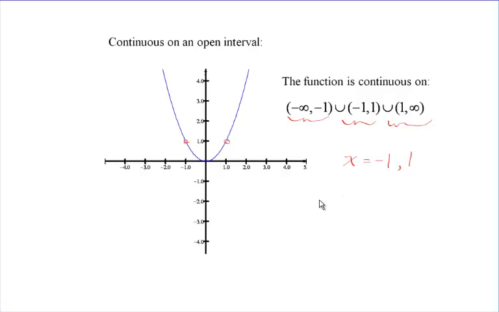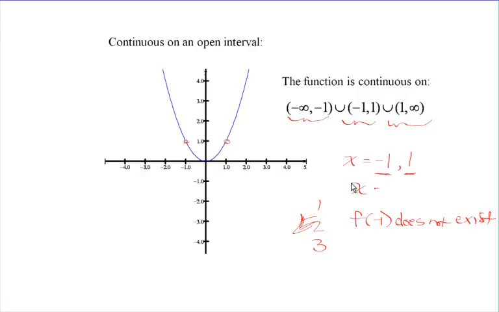That's one of the 3 steps where continuity fails. The output of the function must exist, and this does not exist, and the same is true for f of 1. So it fails that step in the continuity at a point process.